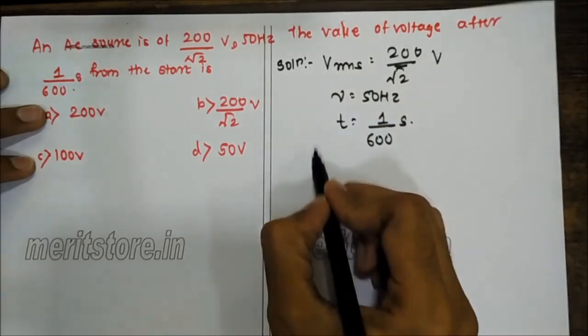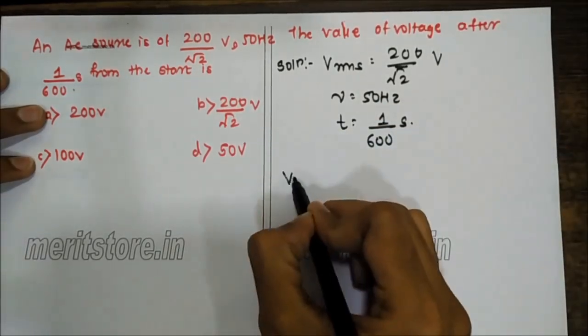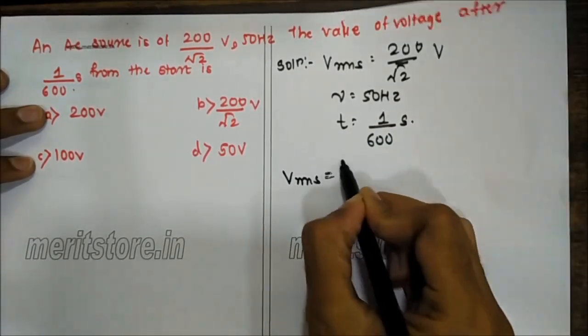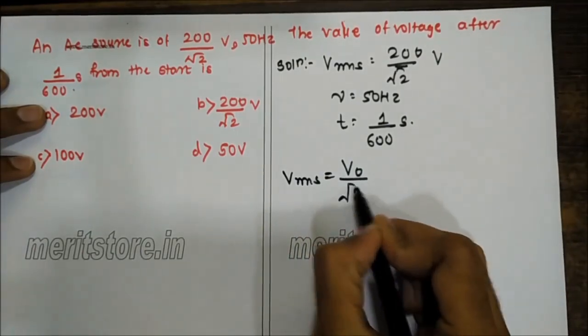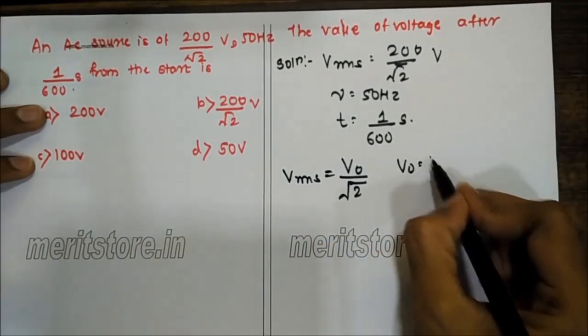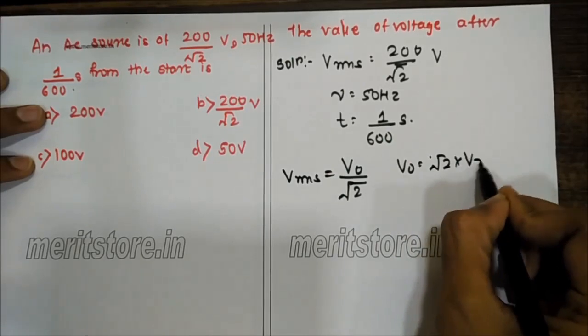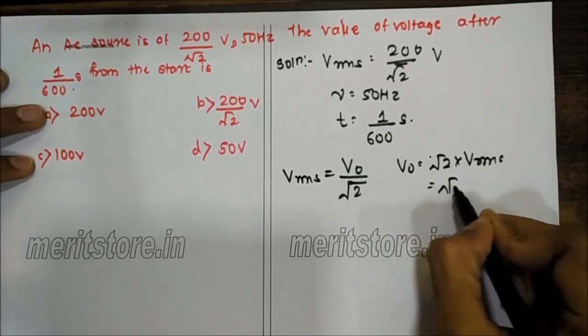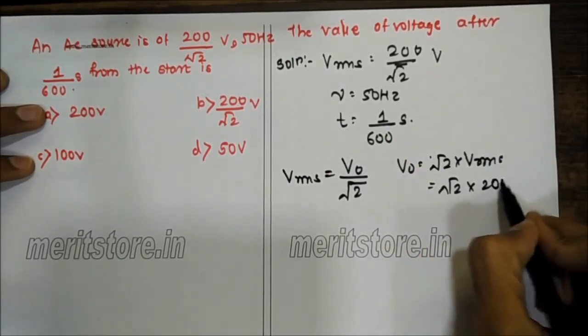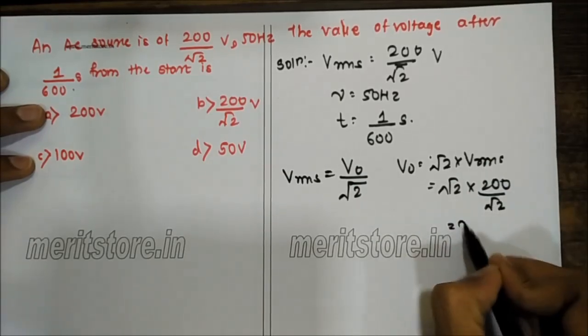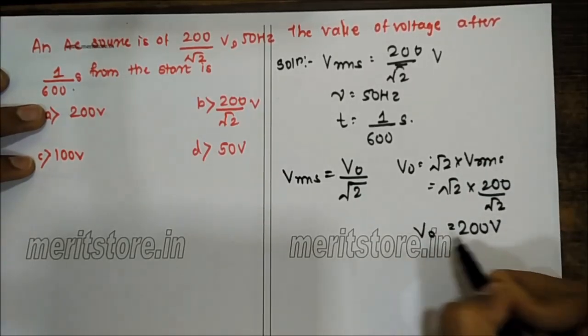So we all know the relation that the Vrms value is equal to the peak value upon root 2. So the peak value V naught will be root 2 multiplied by Vrms, that is root 2 multiplied by 200 root 2. So that gives you 400 volt of peak voltage.